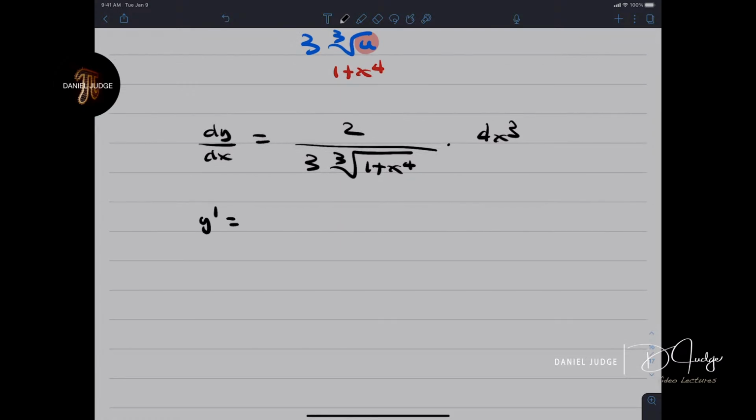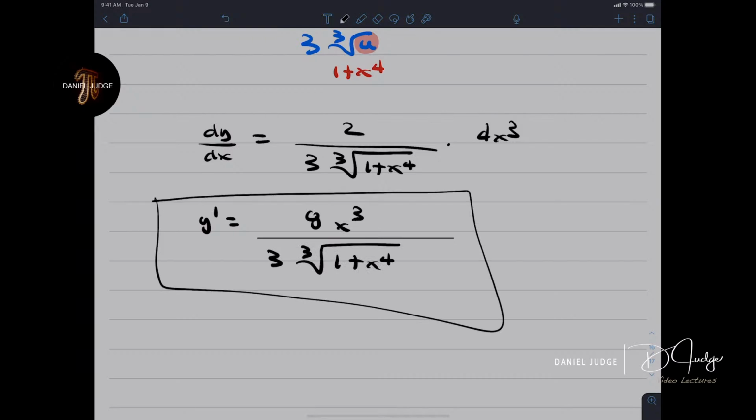So you have a fraction times a whole number. 2 times 4x cubed is 8x cubed over 3 times the cube root of 1 plus x to the 4th power here. There we go.